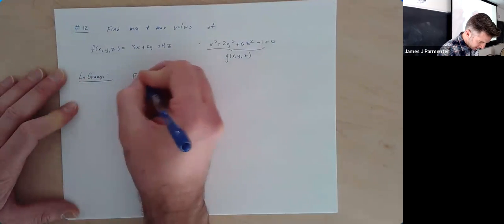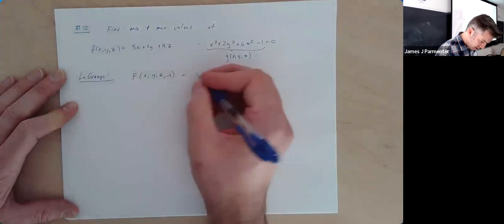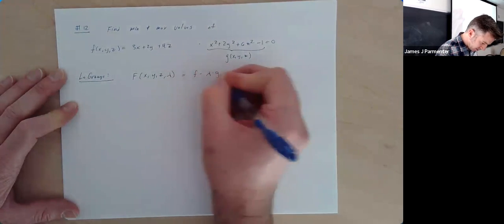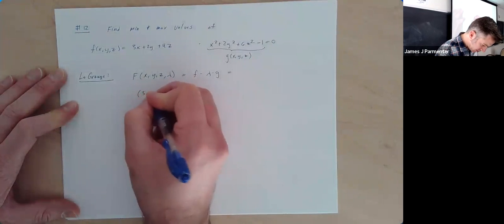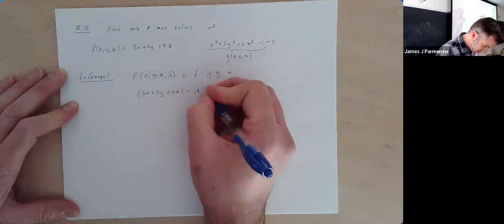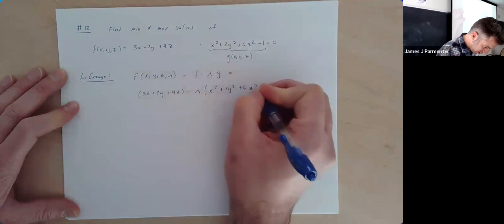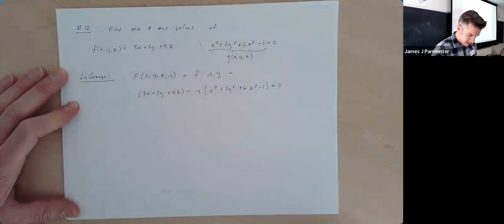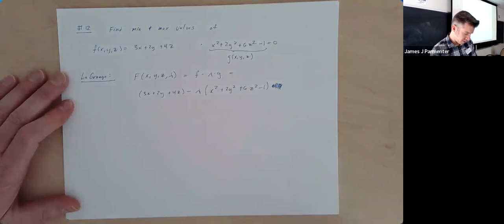So our capital F of x, y, z, lambda is lowercase f minus lambda times g, which is a big mess to write: 3x plus 2y plus 4z minus lambda times x squared plus 2y squared plus 6z squared minus 1. Oh, not equal to 0, don't be silly. And then we're going to take all the partials.